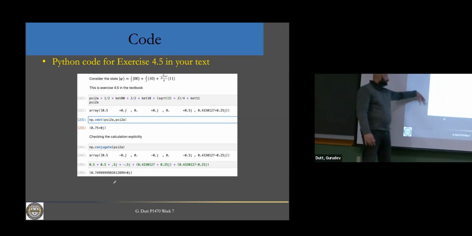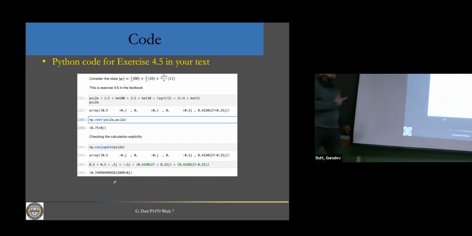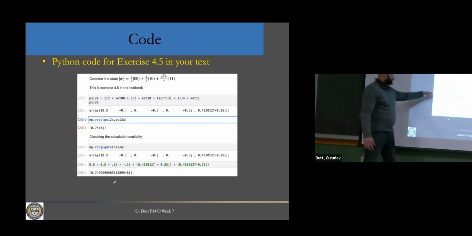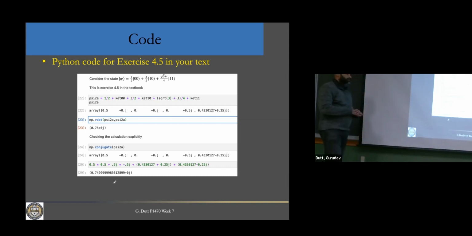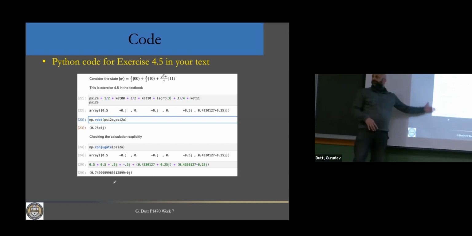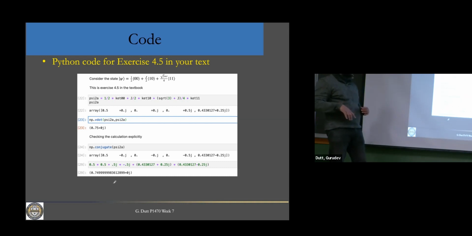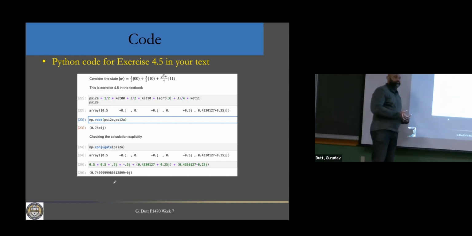I'm not going to sit here and calculate it by hand, but I encourage you to go back and verify that if you take that row vector and its column vector and take the inner product of the two, you get this number over here. I did it in Python just to make sure everything was correct. When I make Python do the actual explicit calculation, I do indeed get the same answer.